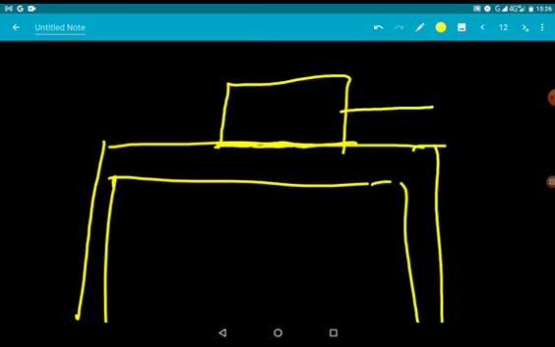If we are going to drag this box away from the table.